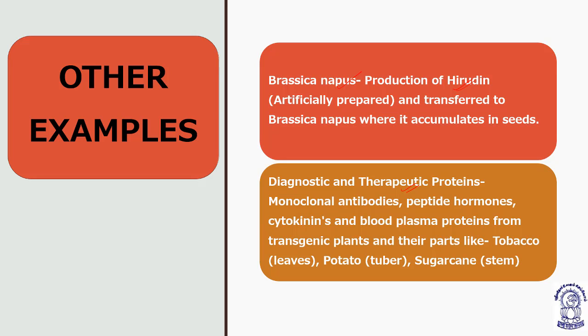Diagnostic and therapeutic proteins, like production of monoclonal antibodies, peptide hormones, cytokines, blood plasma proteins, come from transgenic plants and their parts, like tobacco from leaves, potato from tuber, sugarcane from stem. So we take the stem of sugarcane, tuber of potato, and leaves of tobacco to deliver all these proteins. These proteins are transgenic or recombinant proteins. They help in the diagnosis and therapeutics of different procedures.